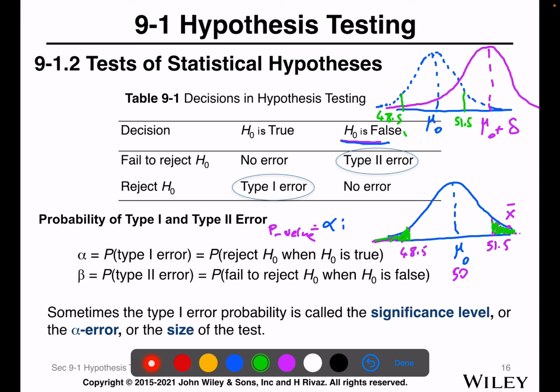So this is the acceptance range. Don't worry about how we calculate it. This is really the easy part, how we calculate this range.